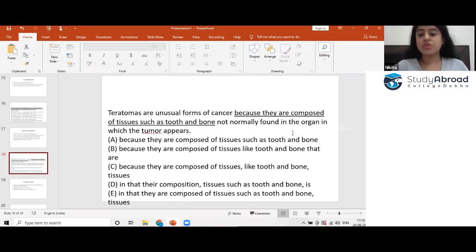Tissues such as tooth and bone, tissues. So these are the types of something, and that something is missing. Do you get the point why we are eliminating it? If I compare tissues with, say, ligaments, then I need to compare tissues with ligaments, not the type of something.